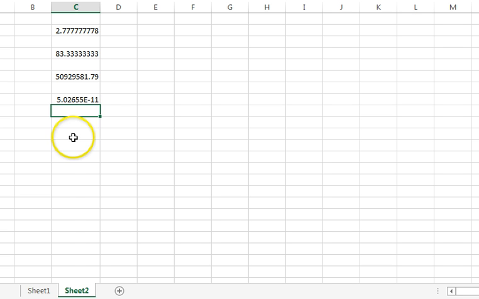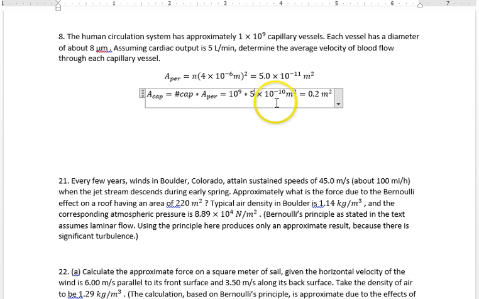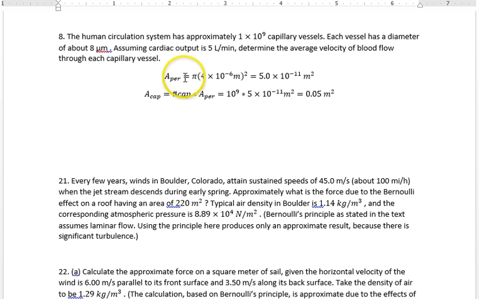I've got 5.02 times 10 to the minus 11, about 5 times 10 to the minus 11, which gives us 0.05 square meters, 5 times 10 to the minus 2. That's it for the first part. That gets us the area of the capillaries.